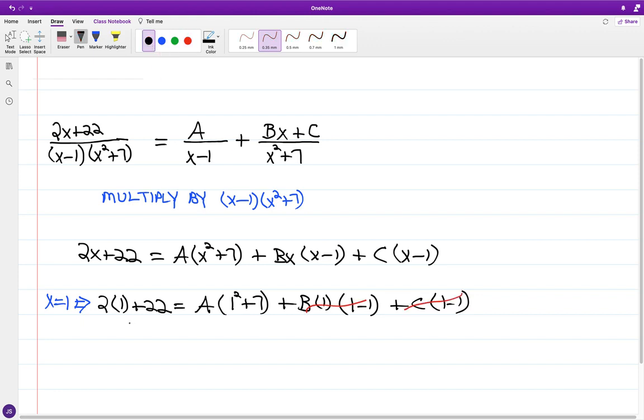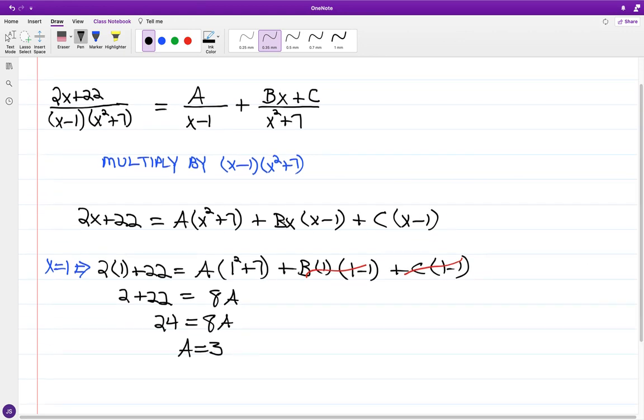Now 2 times 1 is 2 plus 22. 1 squared is 1 plus 7 is 8. So I have that 24 is equal to 8a. And we have a division by 8. Okay, we're going to have that a is equal to 3. All right, so we have a at 3.